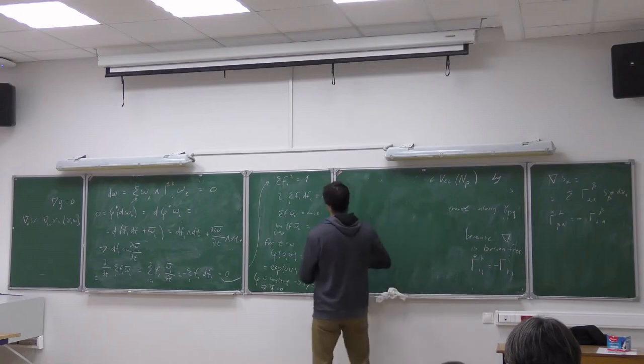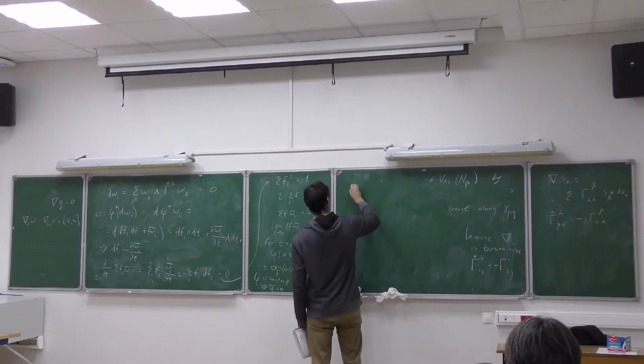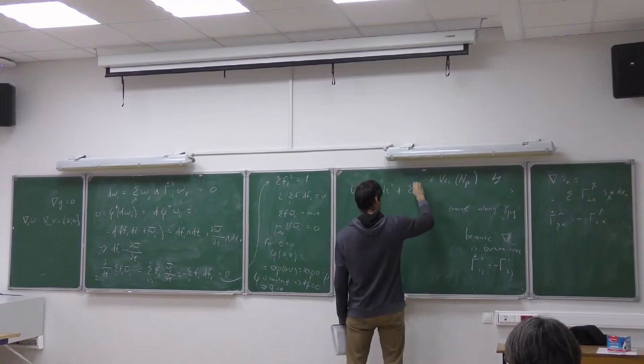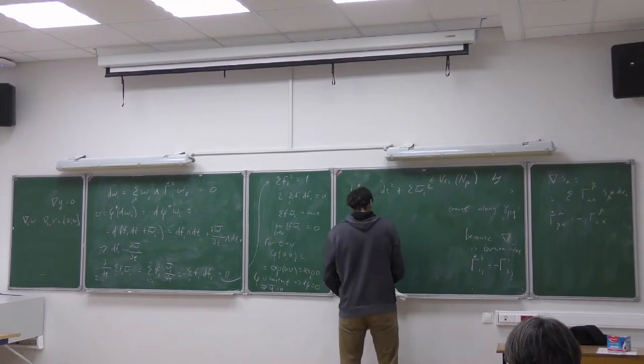So again, therefore phi star of g is just dt squared plus sum omega I bar squared.